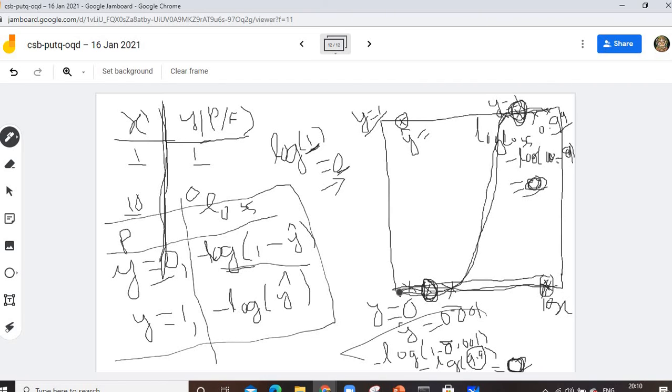See, x is near to 0, so it will be predicted near to 0 only, something like 0.01. Yes or no? y hat will be 0.01, right?